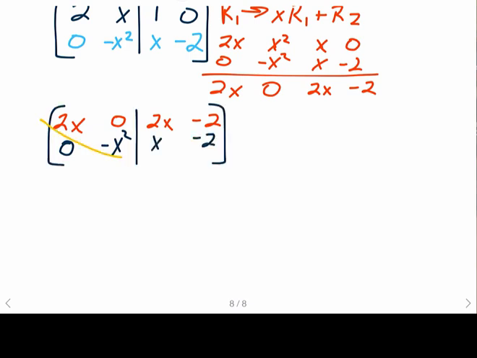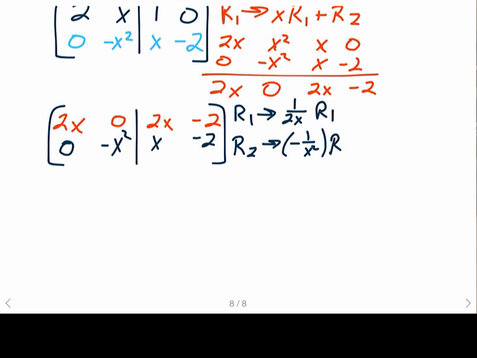Now I need to get 1s down the diagonal. In the first row, I have a 2x where I want a 1. So I'm going to replace row 1 by 1 over 2x times row 1. See, I'm dividing out the 2x. In the second row, I have a negative x squared where I want a 1. So I'm going to replace row 2 by negative 1 over x squared times row 2.